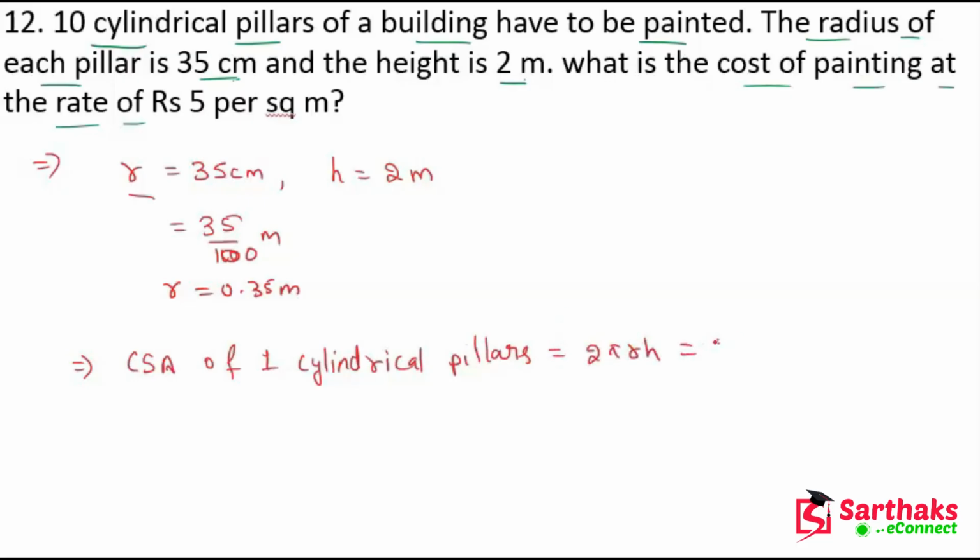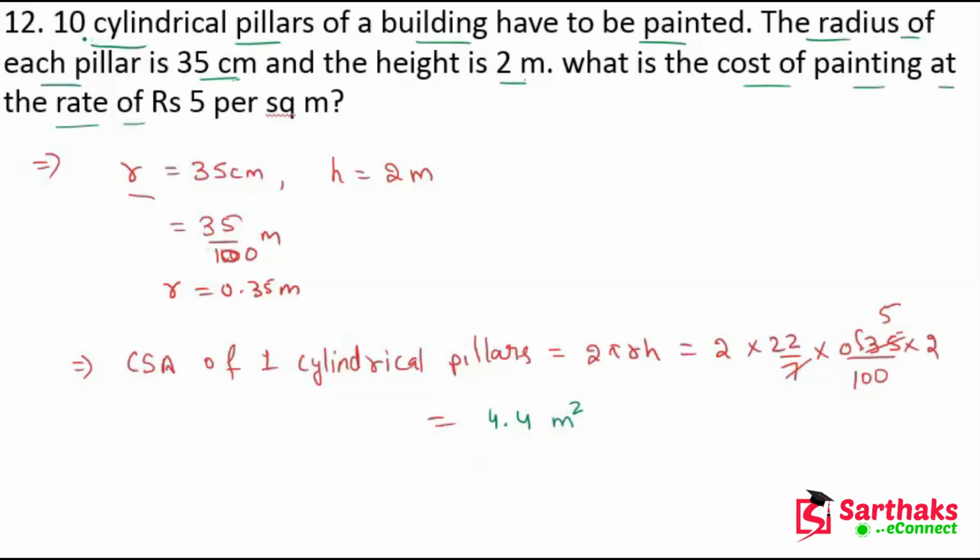So this is equal to 2 into 22 upon 7 into 0.35 into H, which is 2. Okay, if we remove this point, here we get 100 and this will be cancelled by 5 times. After solving this, here we get 4.4 meter square. So CSA of one cylindrical pillar is 4.4 meter square.